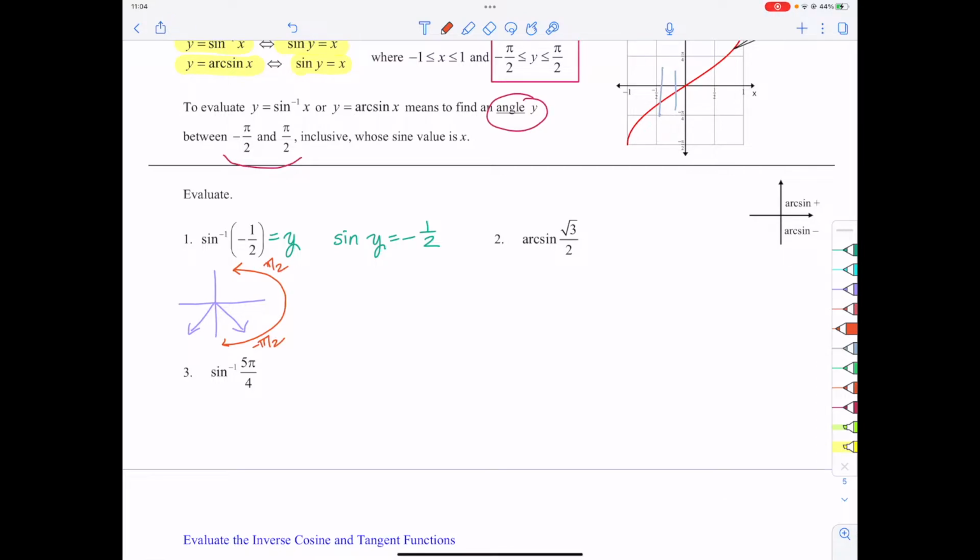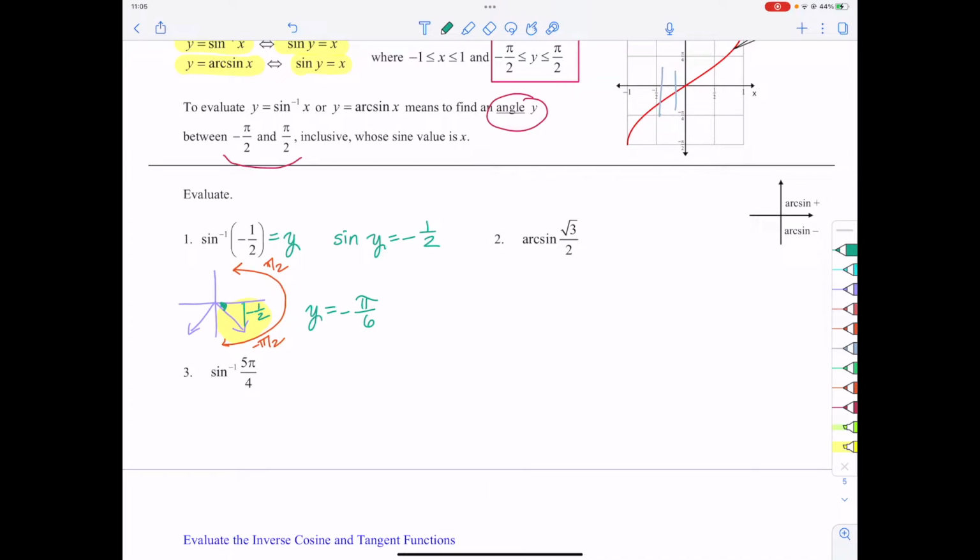Those are the only angles we can give, the one and only angle that satisfies this inverse trig value, and it will be quadrant 4. So what will that angle be? Yes, that angle will be the opposite of pi over 6 because the sine of negative pi over 6 is negative 1/2 when we have that angle, okay?